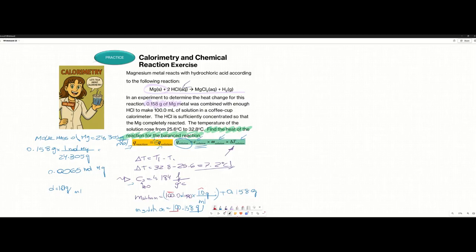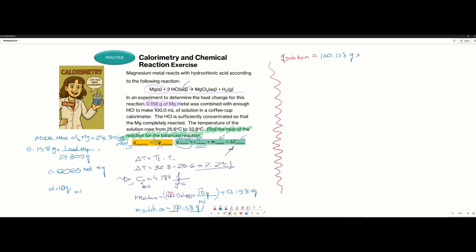Now we're gonna do the second part. We're gonna calculate the heat for the solution. We have all the data. Now it's only to put everything here. So I'm gonna start with the mass. So mass is 100.158 grams, right?